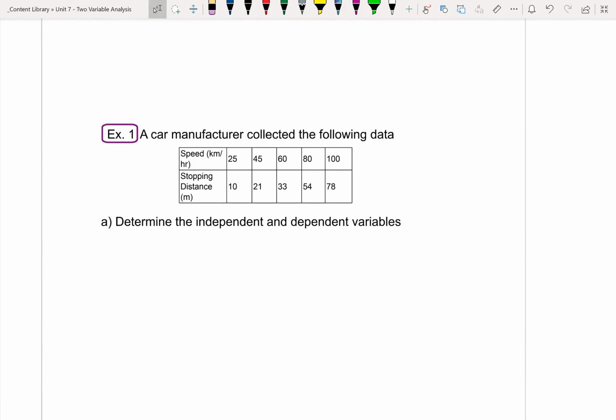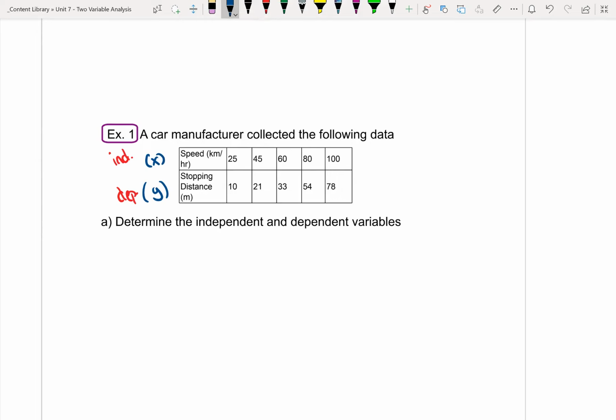If we're looking at an example, a car manufacturer collected the following data, looking at speed in kilometers per hour and stopping distance. If we want to determine the independent and dependent variables, well, if we think about the scenario, our first row is going to be our x, and our second one will be our y, or in other words, we have our independent and our dependent variables.